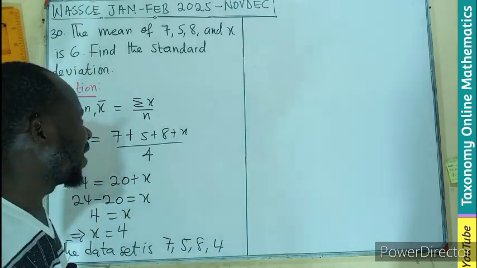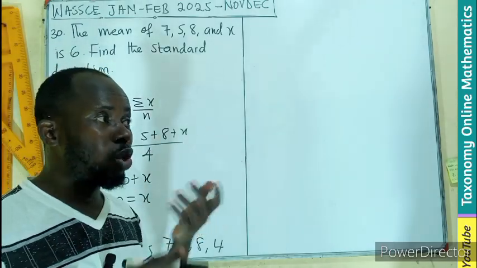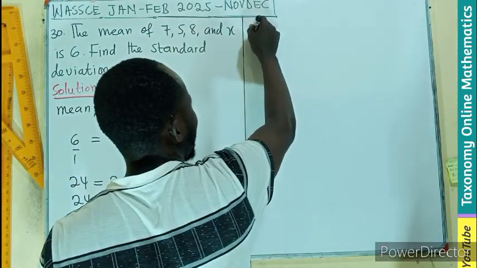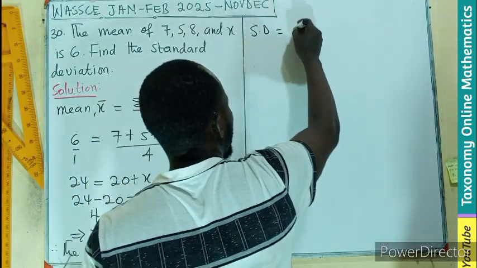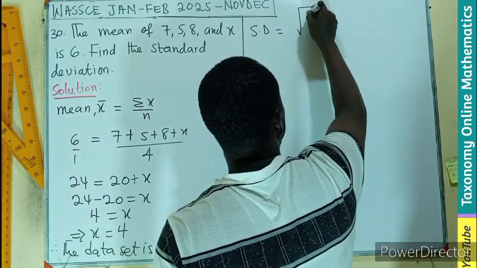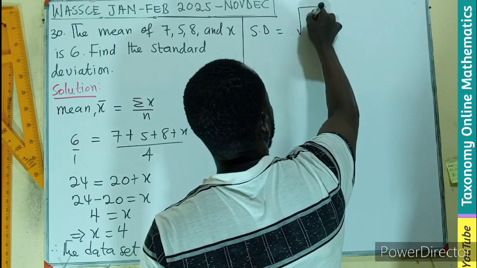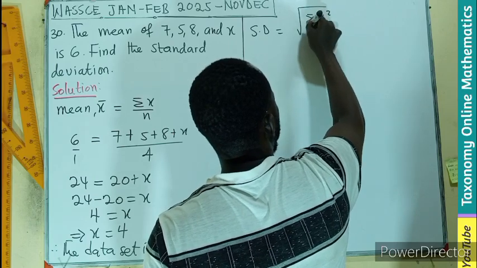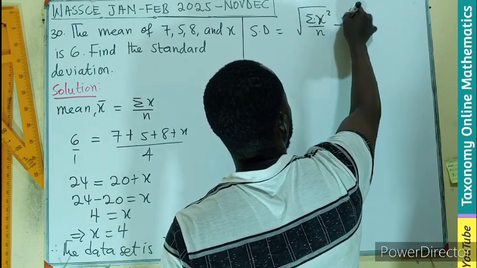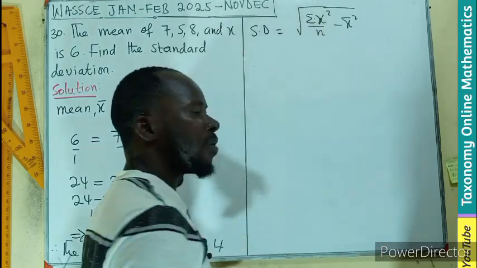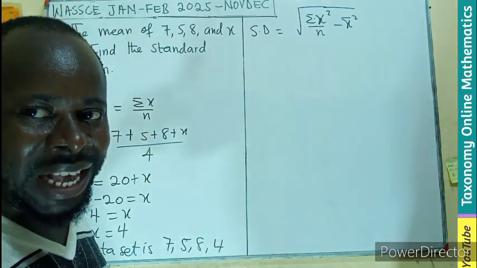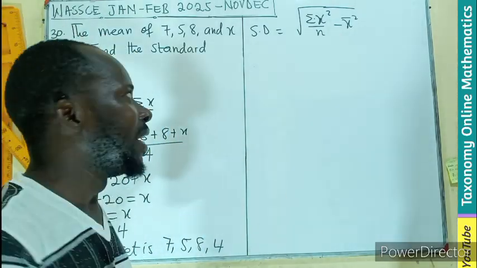Alright. Now, to find the standard deviation, we can do it in two ways. Our standard deviation should be equal to the square root of sigma x square over n minus the mean square. We can pick it from here. So x square is the square of the data.